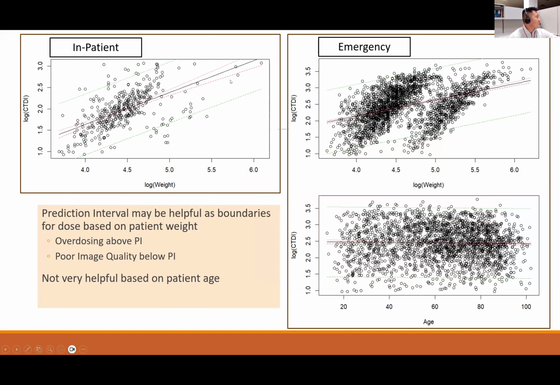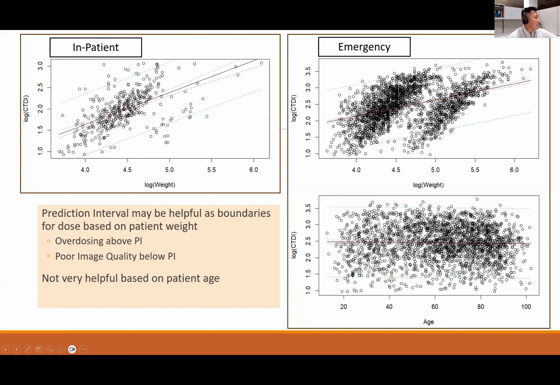It seems like the outlier does have quite a significant contribution to this model, but we can possibly use the prediction interval here to identify certain cases that are above the prediction interval as possibly overdosing, or just a trigger for us to investigate what's going on. But also for things that are below, maybe we're not prescribing enough dose and the image quality is bad. So these are all data points that we can possibly look at going forward.